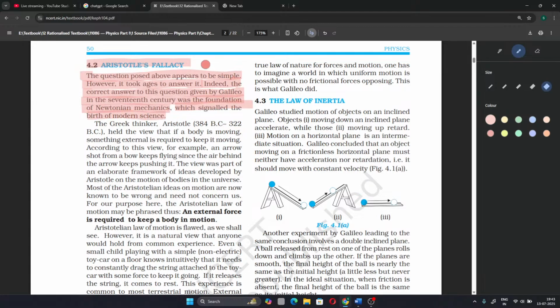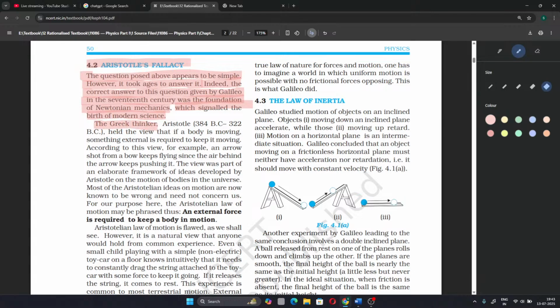Galileo is the one who discovered the telescope, basically. And this answer became the base of the foundation of Newtonian mechanics, basically Newton's laws, which signaled the birth of modern science.